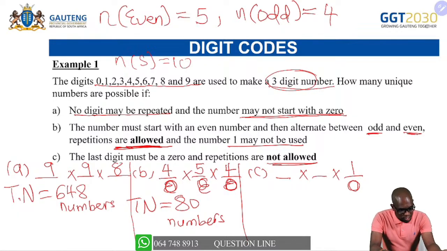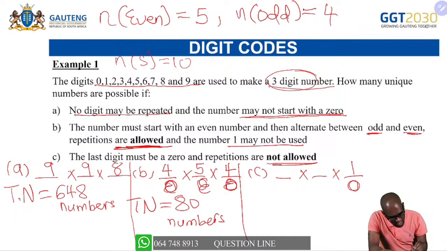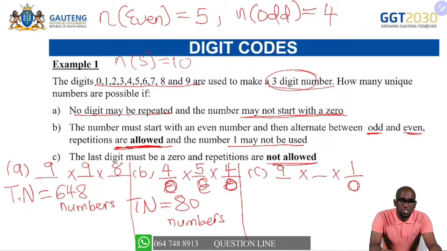Now the first position, they say since repetitions is not allowed, how many numbers do we have? The sample space has 10 numbers. We've already used 0 in the last position, which means that we have 9 options of filling the first position.